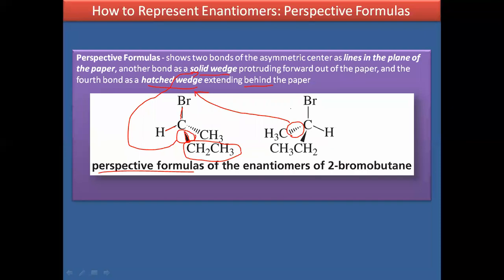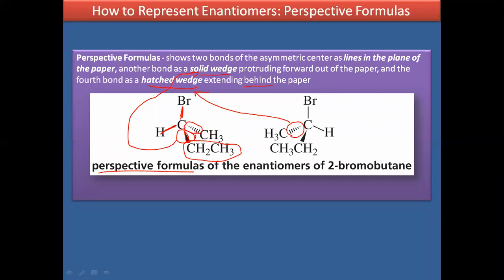Here the indications are: solid line, solid wedge, dotted wedge, and line. These lines between carbon and hydrogen, and carbon and oxygen, indicate they are present in the plane of the paper, whereas the solid wedge indicates above the plane of the paper, and the hatched wedge indicates behind the plane of the paper when you draw on the surface of the paper.